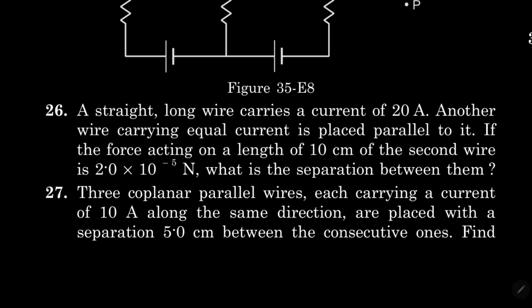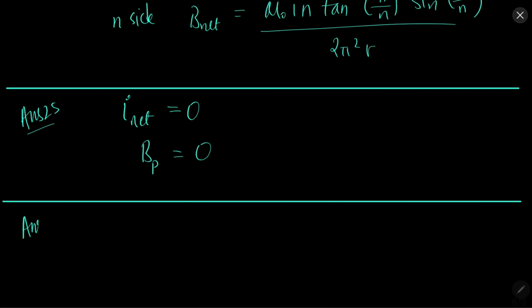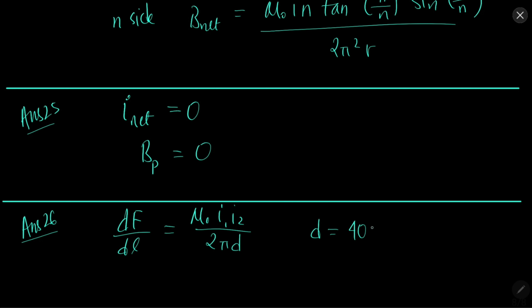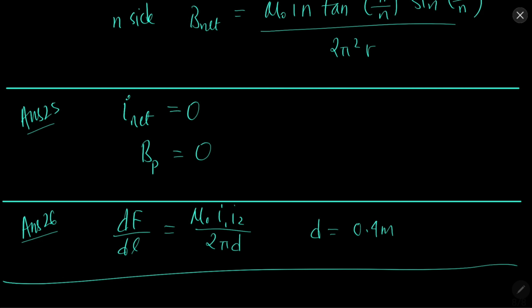In question 26, what is the separation between the wires? Solution 26: force per unit length dF by dl is mu naught I1 I2 over 2 pi d. Once we put all the values, d will come out to be around 0.4 meters or 40 centimeters.